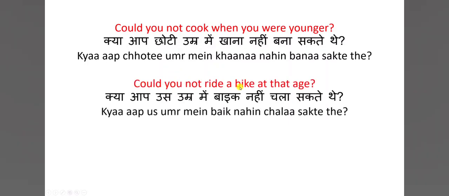Could you not ride a bike at that age? क्या आप उस उम्र में बाइक नहीं चला सकते थे? आप is you, उस is that, उम्र is age, में is in, but here it represents at.